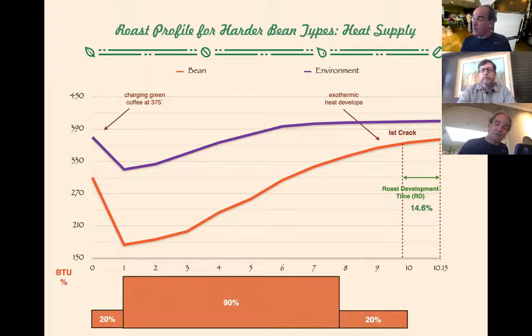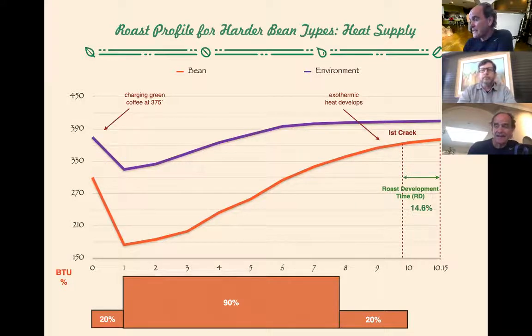And then in a profile like this, it's very important to reduce your heat input on time in order to approach the first crack with a rate of rise that is, again, not exceeding 10 degrees.